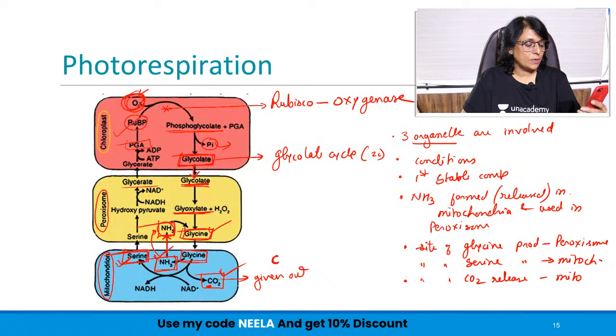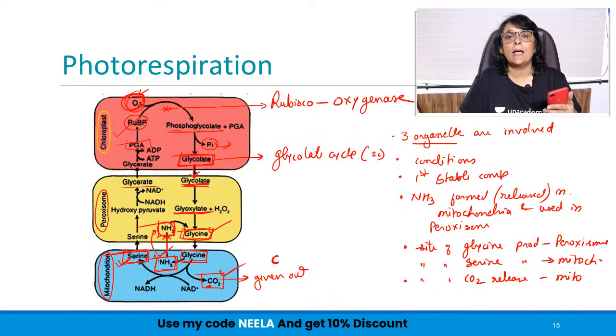Rahul has a question, ma'am, what change is taking place in Rubisco that it is acting as oxygenase at high temperature? See, what happens is, Rubisco is a protein, it is an enzyme, and a protein's configuration or its structure is affected by temperature.